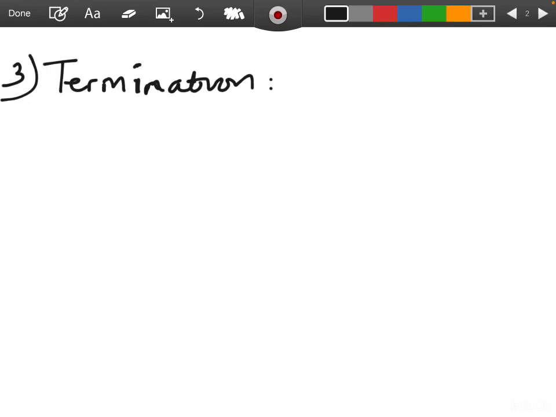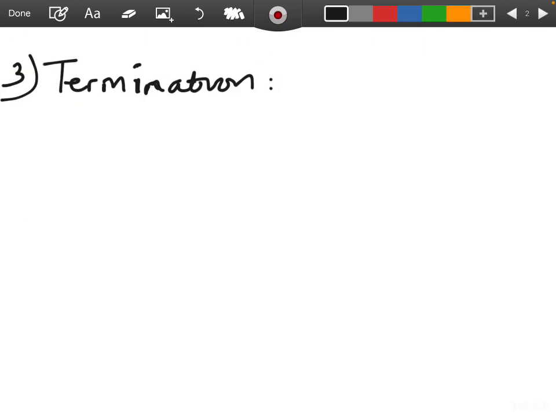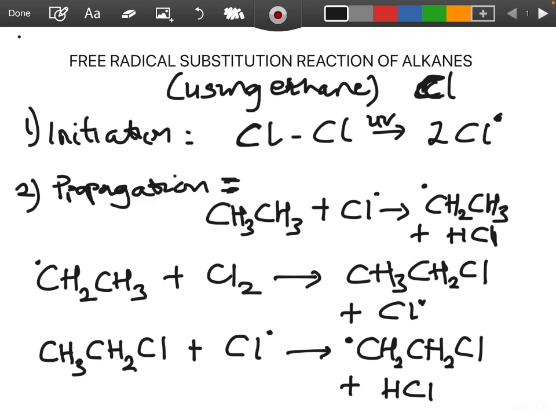Now in termination, two free radicals react to form a single molecule. So let's use the radicals we have generated in propagation.